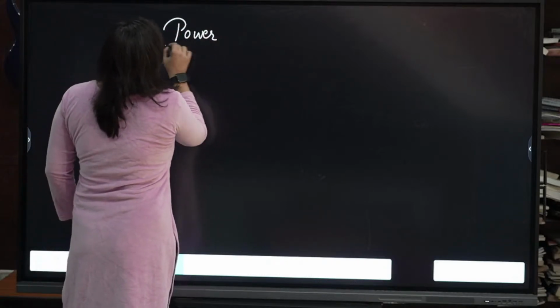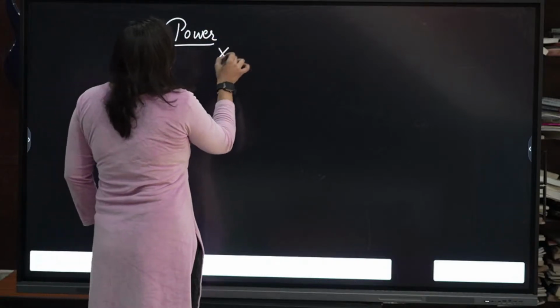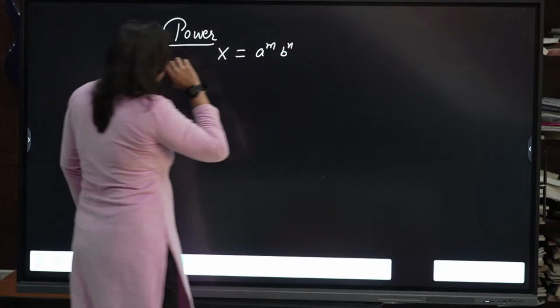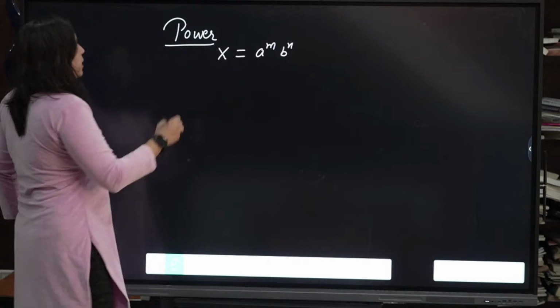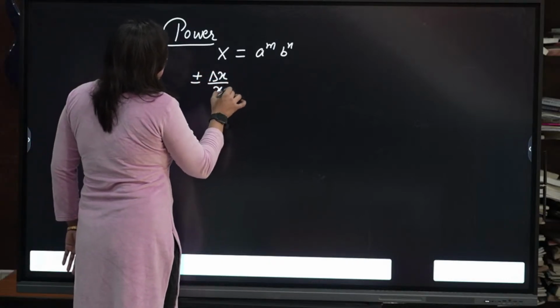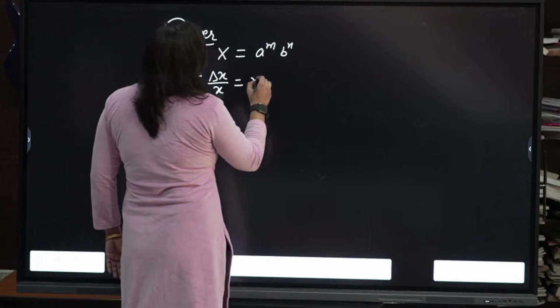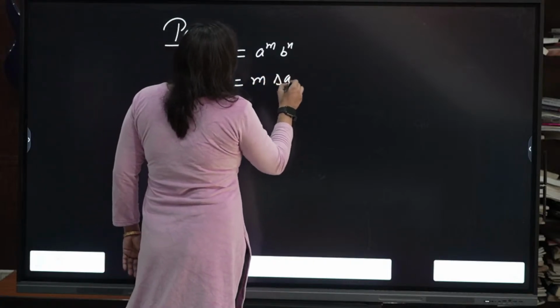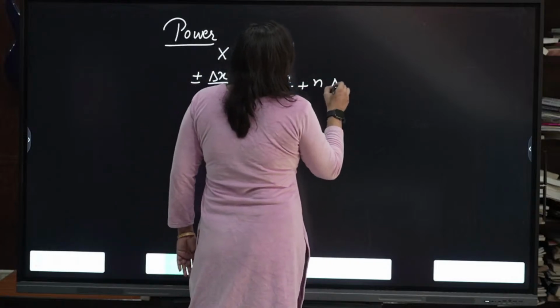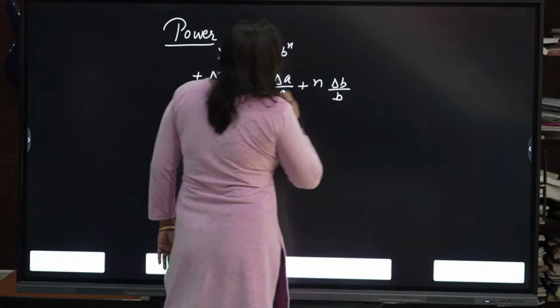Next question. In case of a power, if any quantity has a power like this and we find the error in it, plus minus del x by x is equal to m into del a by a plus n into del b by b.